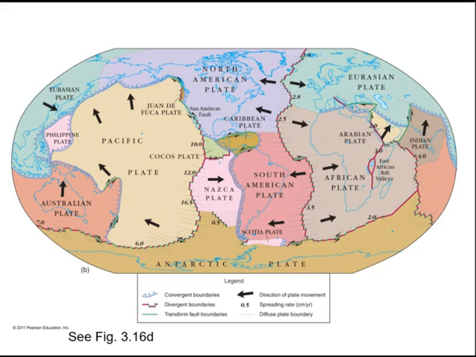Okay, so next, I want you to notice that many of the plates that you now see by looking at the plate boundaries are actually made up of both continent and ocean. For example, we have over here the North American plate, which has part of the Atlantic Ocean and North America on it as well.